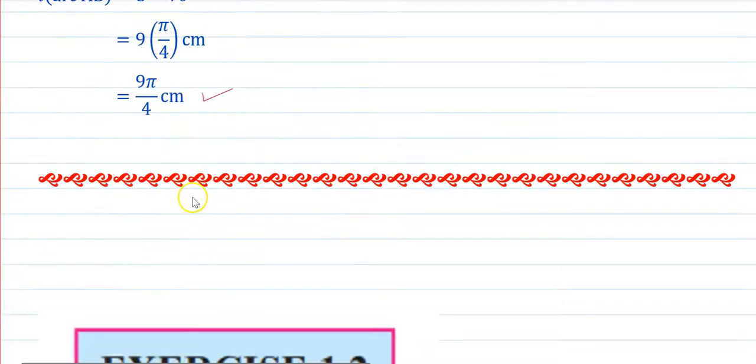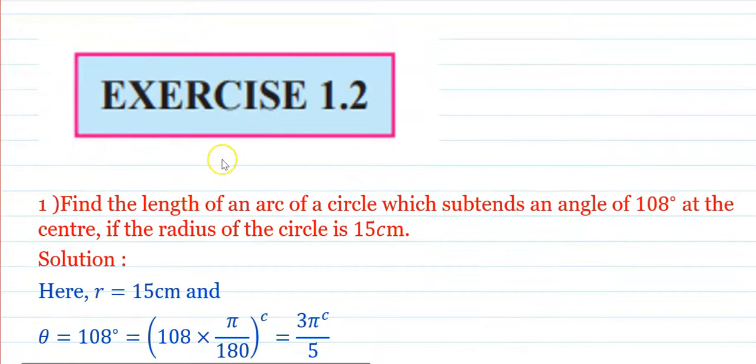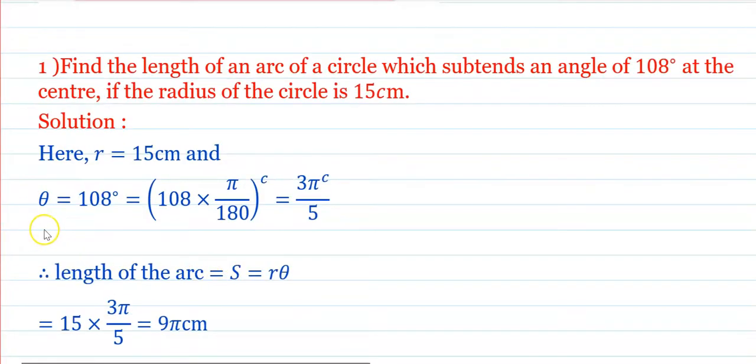Now the next. We'll start exercise 1.2. First example. Find the length of an arc of a circle which subtends an angle of 108 degree at the center, if the radius of the circle is 15 centimeter. Here r is equal to 15 centimeter and theta is equal to 108.